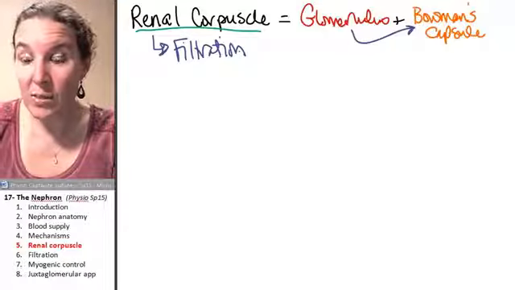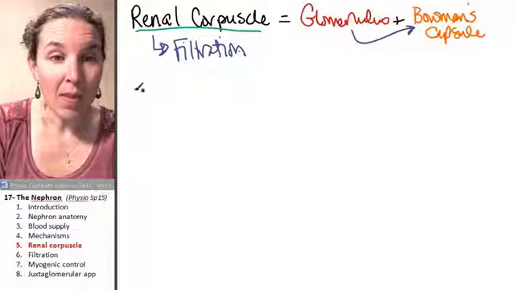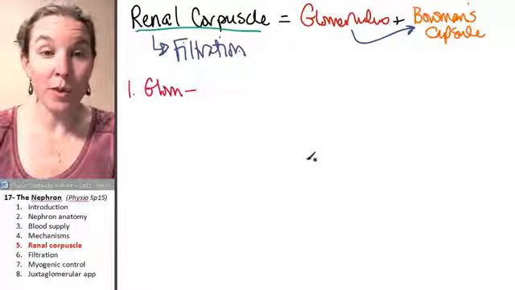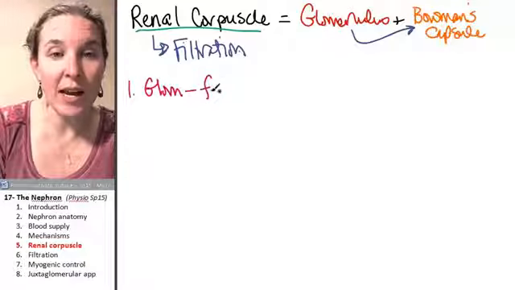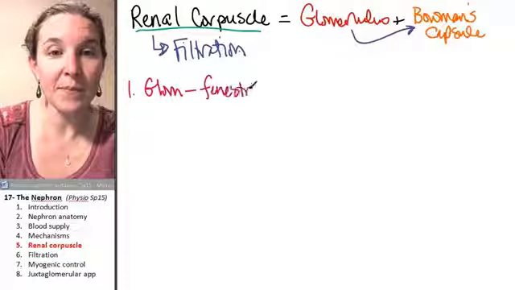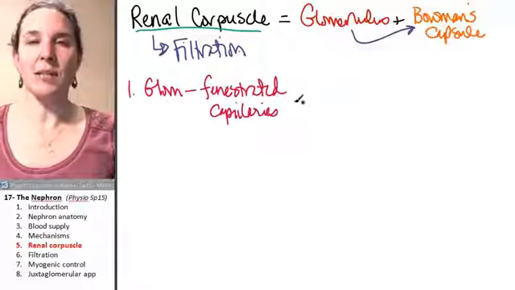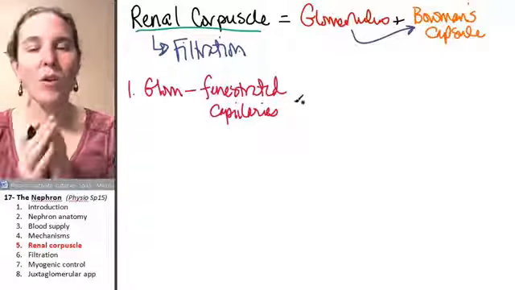First of all, let's talk about the glomerulus. Glomerular capillaries are not normal capillaries. They're called fenestrated capillaries. And basically, it just means that they're holey.